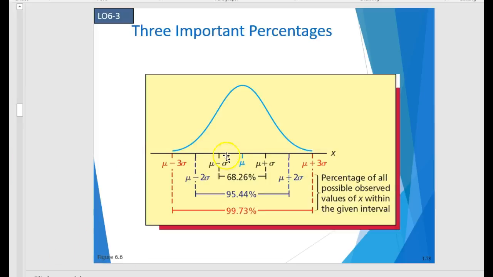And here's just another slide that shows us the empirical rule: plus or minus 1 standard deviation, 68% is going to be in there; plus or minus 2 standard deviations, 95%; and then plus or minus 3, 99.73%.